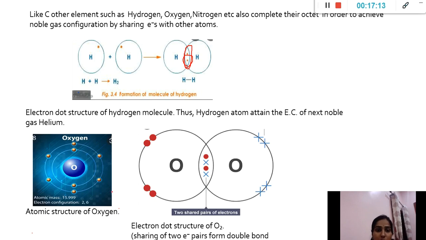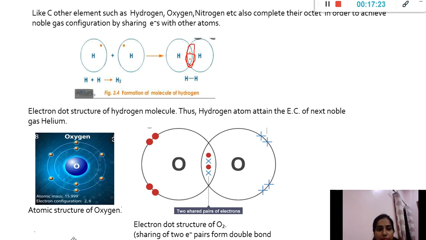Similarly, oxygen also shares electron pairs with another oxygen atom in order to form an oxygen molecule.